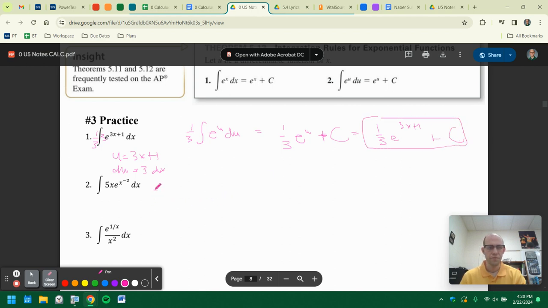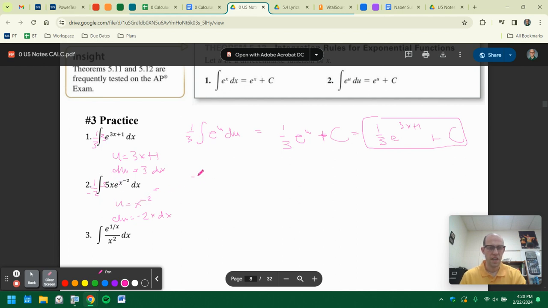The next one, my u is going to be x to the negative 2. My du will be negative 2x dx. So I need a negative 2 sitting in here. I need a 1 over negative 2 sitting out here. And that 5 I really can throw out there as well.